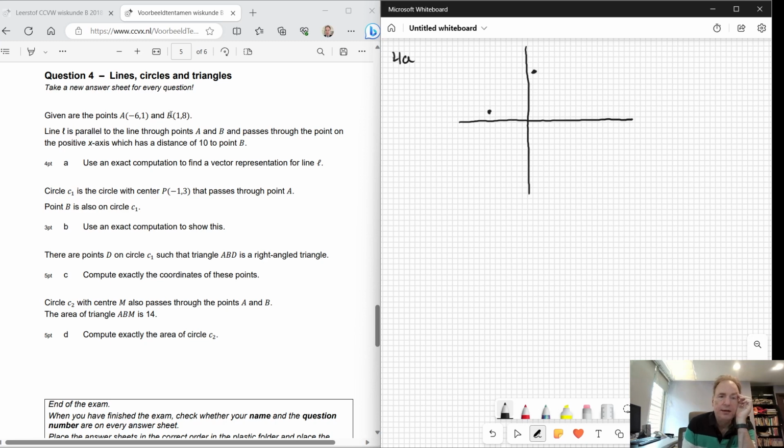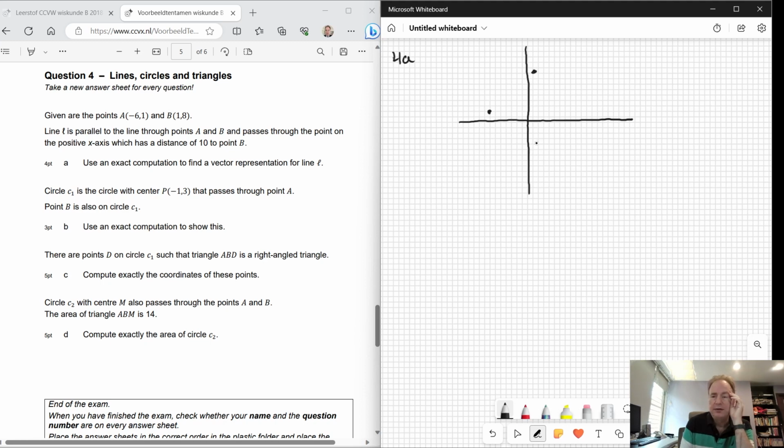We just know that line L is parallel to the line through these points, so it goes in this direction, but it passes through the point on the positive x-axis with distance 10 from point B.